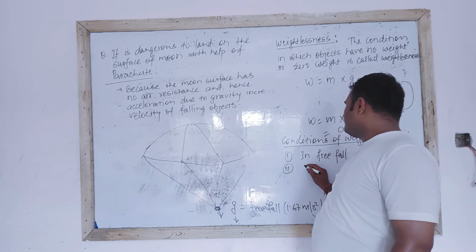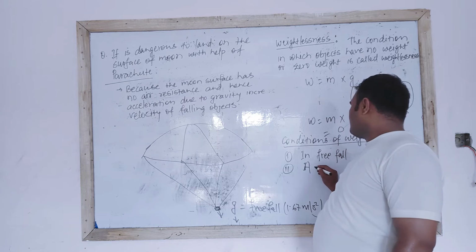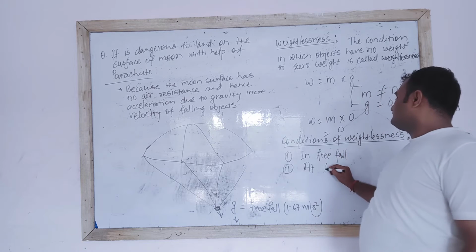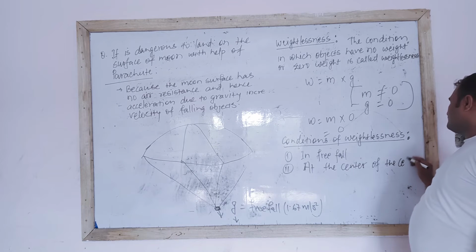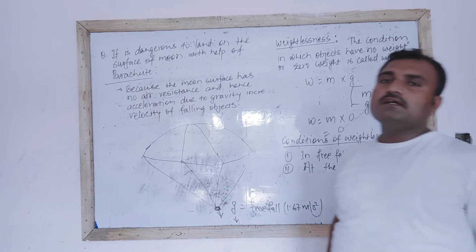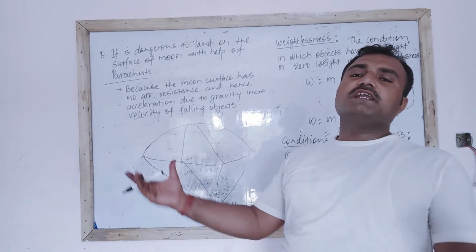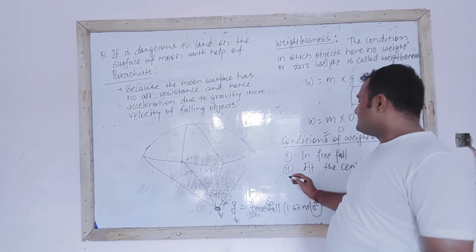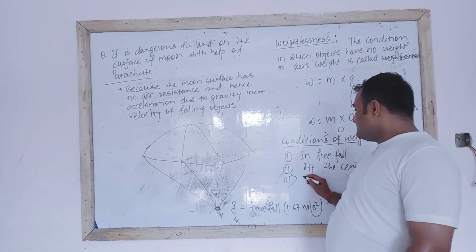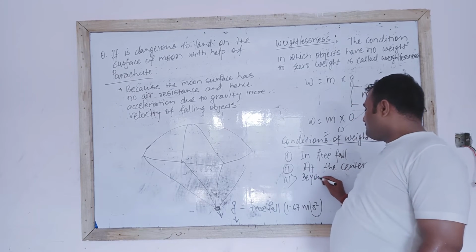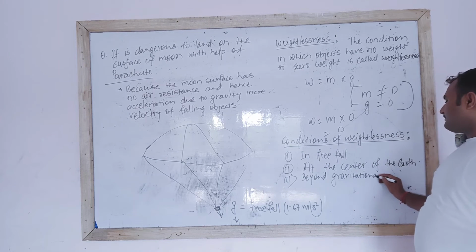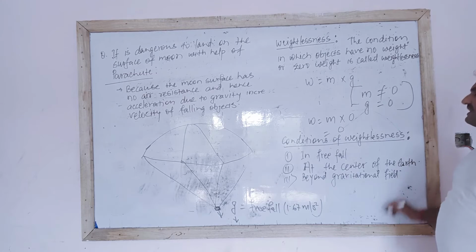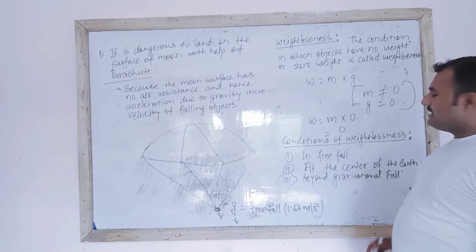The second condition is at the center of the earth. At the center of the earth, acceleration due to gravity is also 0. Its radius is 0, and therefore the object is weightless. The third condition is beyond the gravitational field. Beyond the gravitational field, there is no effect of the gravity of the earth.